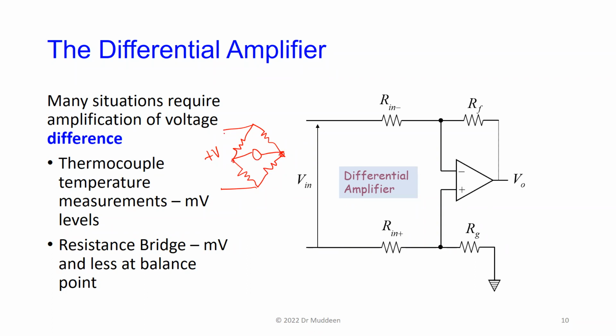So you had these resistors 1, 2, 3, 4. One of these would have been unknown, but at balance, you basically have no voltage here. When the bridge is balanced, you have no voltage between these 2 points. At that point you knew that R1 by R3 was equal to R2 by R4, and you could calculate the unknown resistor.